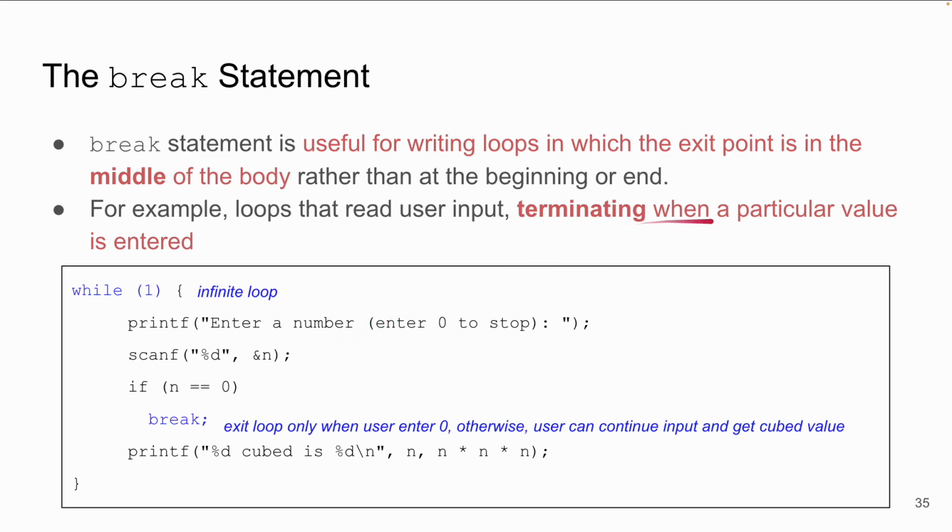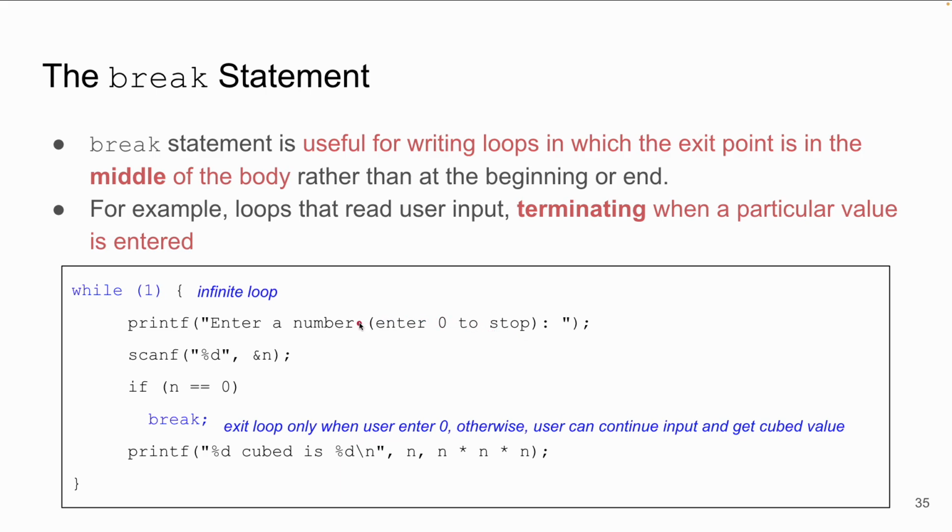So let's assume that the terminate command for this example is 0 here. In this while loop, what I define is that the user can enter any number inside this and calculate the cube like this. And I have a special command right here.